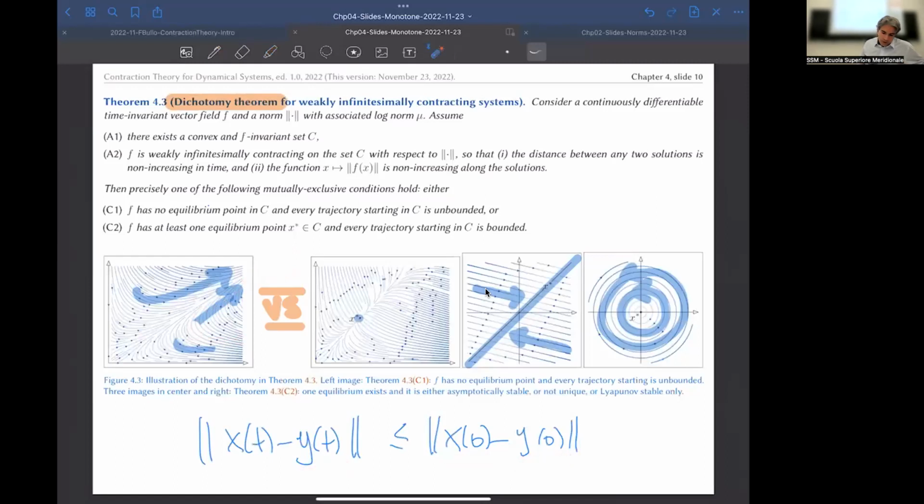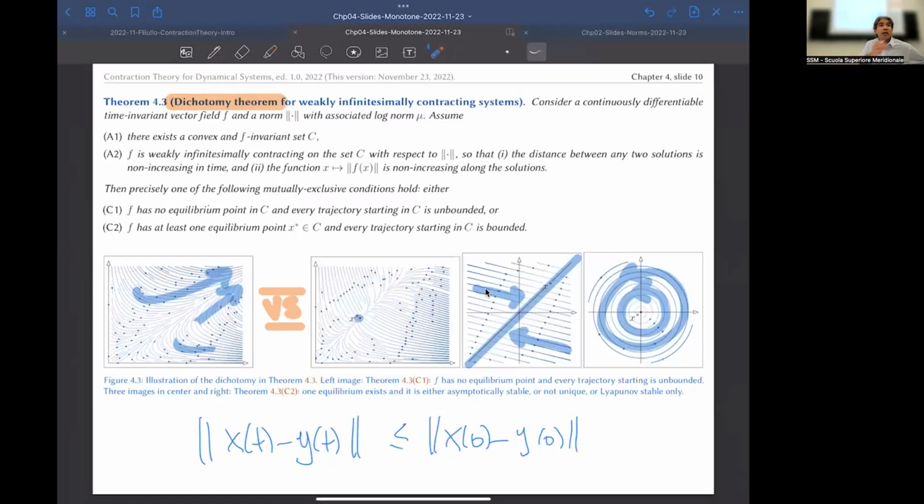So one possibility for a weakly contracting system is that one trajectory goes to infinity, therefore all trajectories go to infinity. That's a possibility.